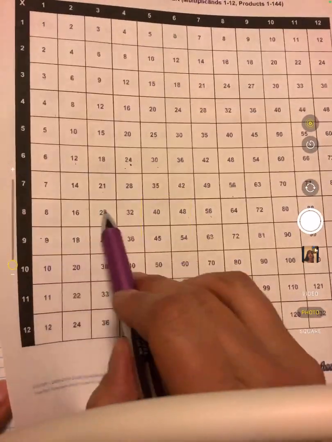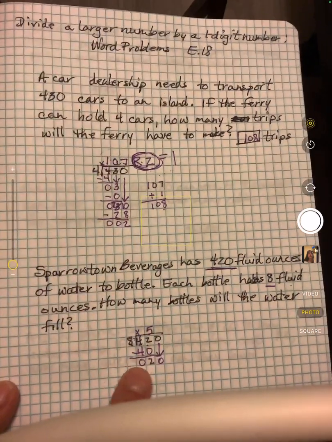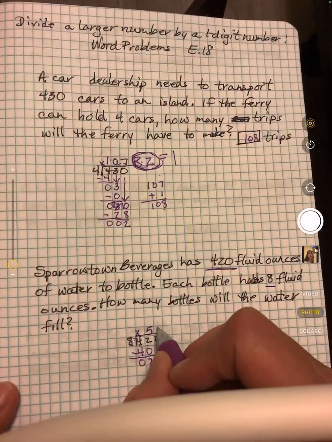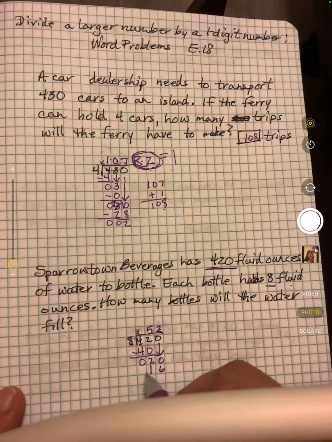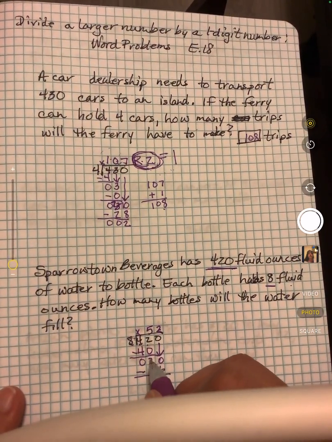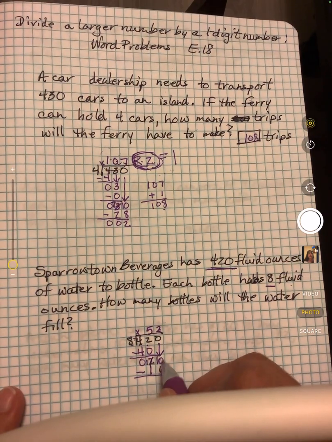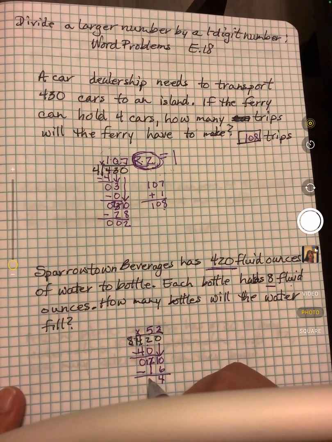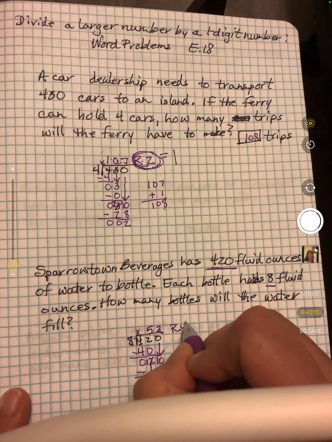Go across my 8s. 24 is too high, so I have to go with that. 2 times 8 is 16. We have to borrow. Okay. 10 minus 6 is 4. This will be 0 and 0. So remainder 4.